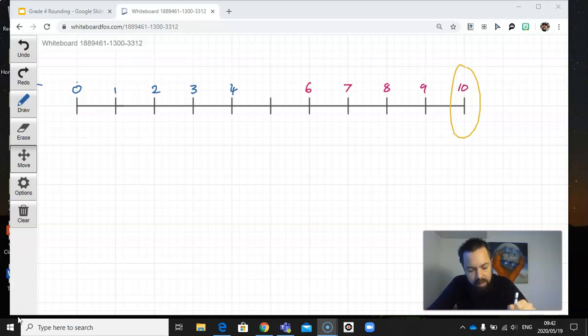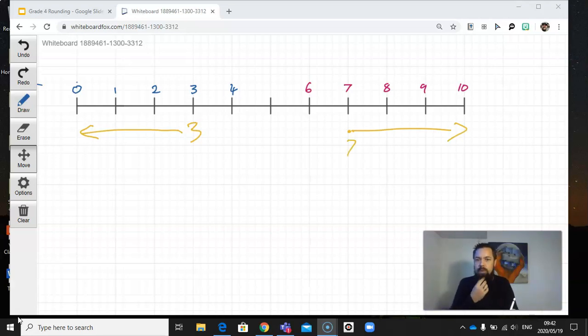When we've got a number, we want to know which number it's closer to. So for example, if I had a 3, it's definitely closer to 0, and if I've got a 7, it's definitely closer to 10. So 7 would round off to 10, 3 would round off to 0.